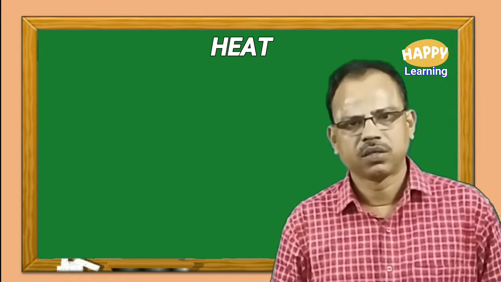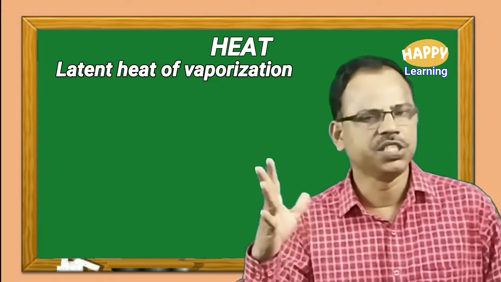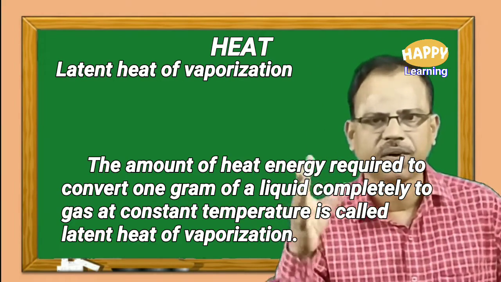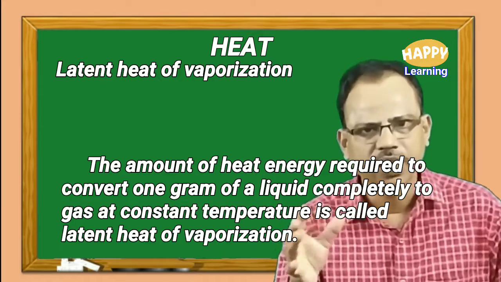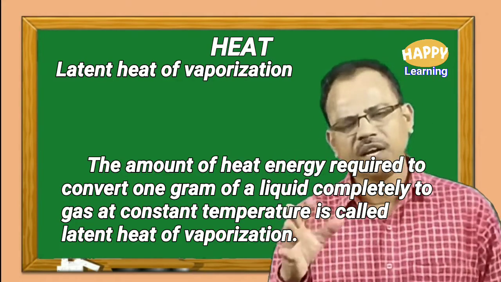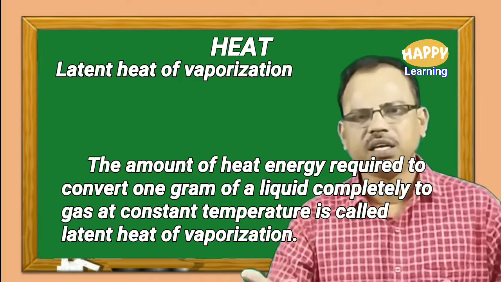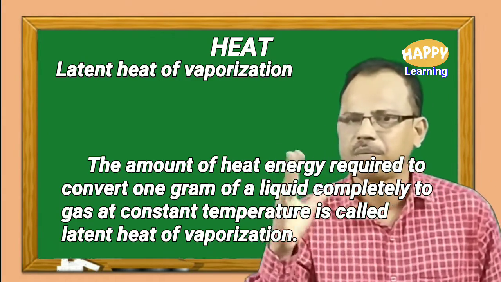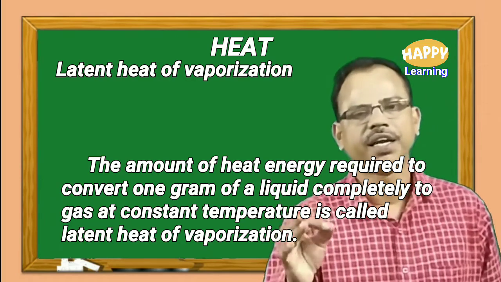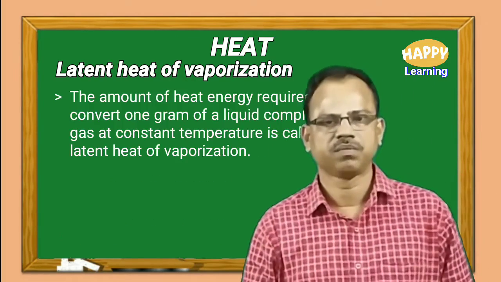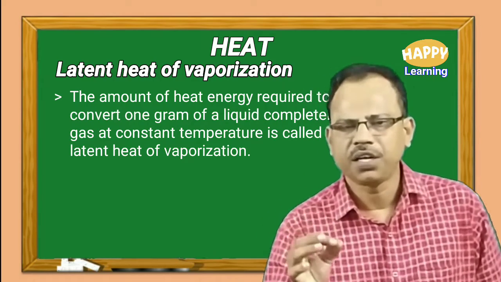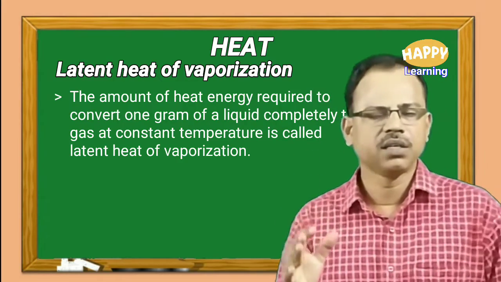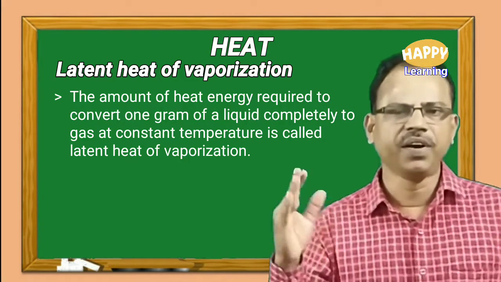Let me define latent heat of vaporization in CGS units. The amount of heat energy required to convert 1 gram of liquid completely into gas at a constant temperature is called latent heat of vaporization.